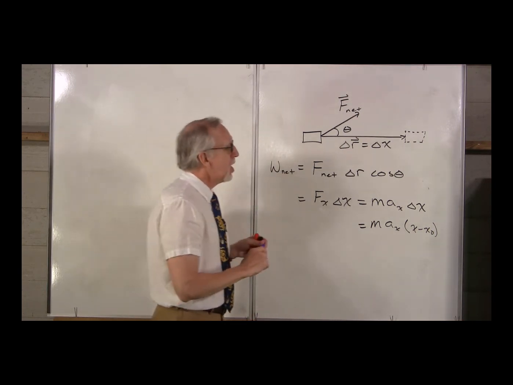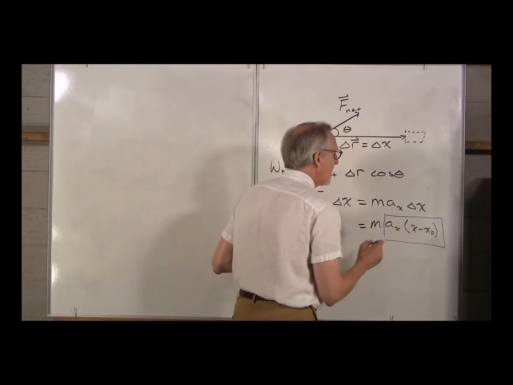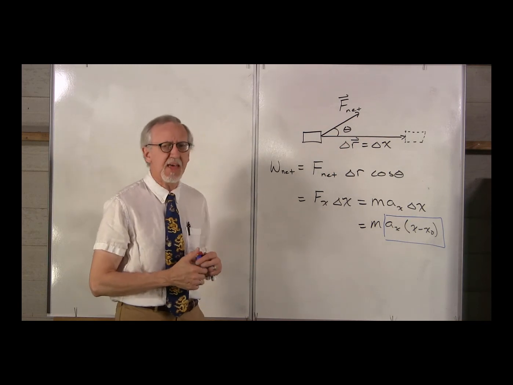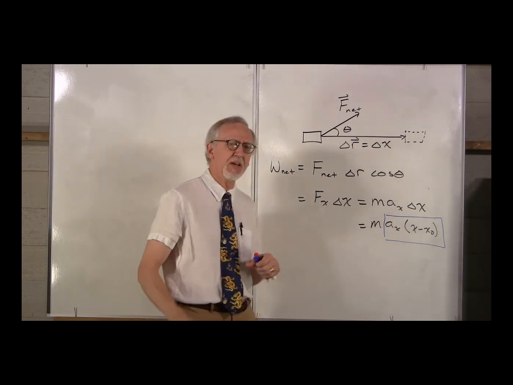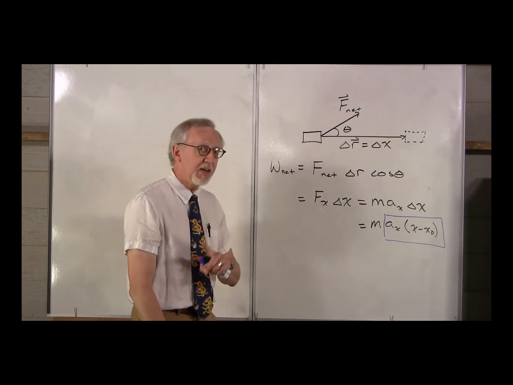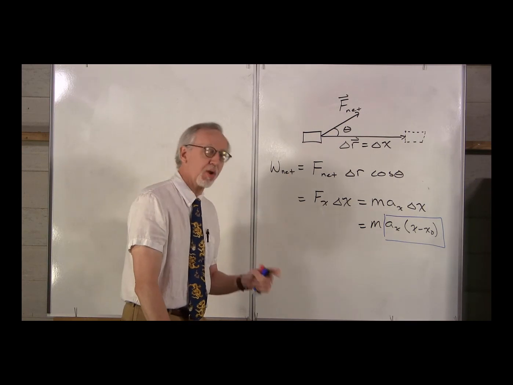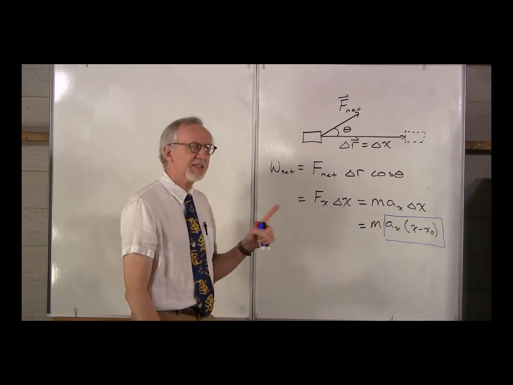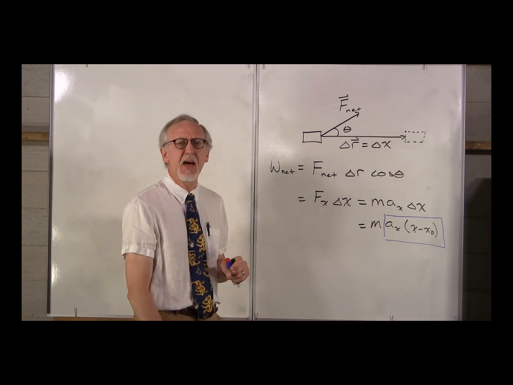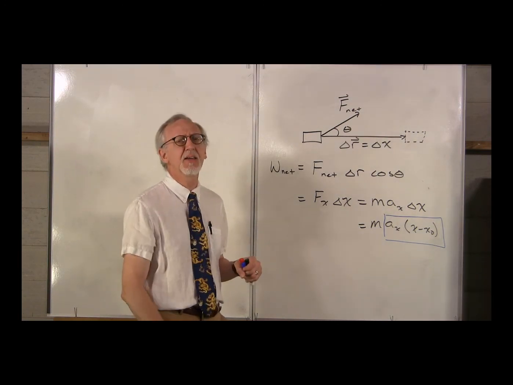Look at that term right there: ax times x minus x naught. We've seen that combination of terms before. Where have we seen that? We've seen it in one of the kinematic equations, the fourth kinematic equation. Let's write that down and see how we might manipulate this equation using that kinematic equation.